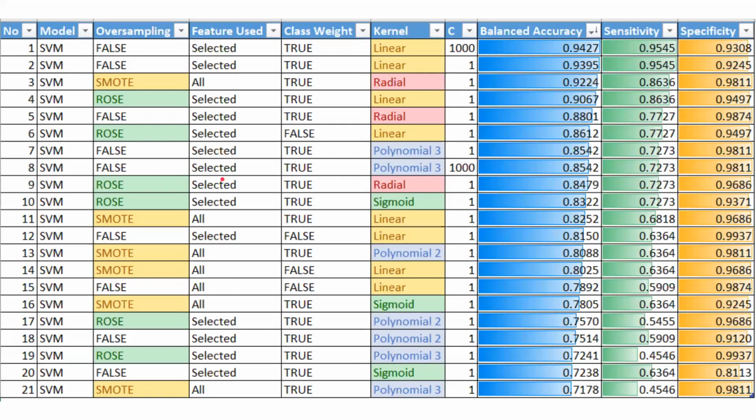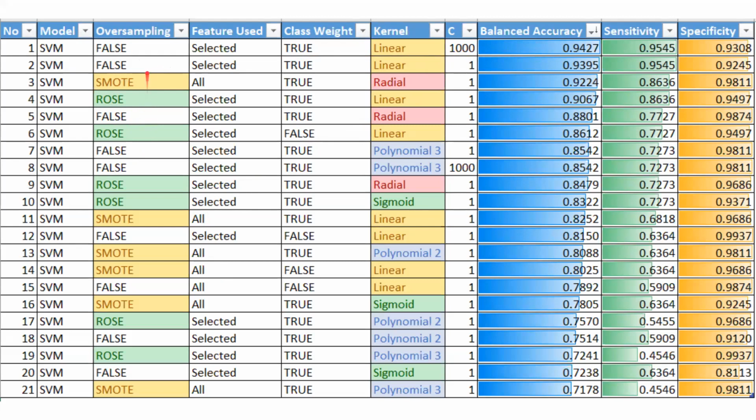So we conducted different combinations to see what kind of things are good and what kind of things are bad. And we found that generally linear is sufficient enough, because we allow fewer misclassifications, which is why it has higher accuracy. And from here we can see that SMOTE or ROSE itself is, I would say, not really too helpful comparatively.